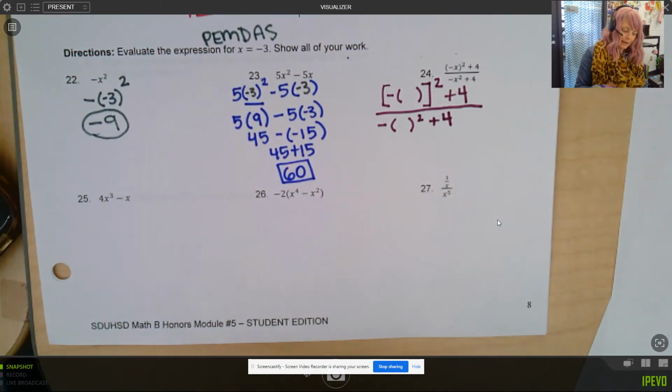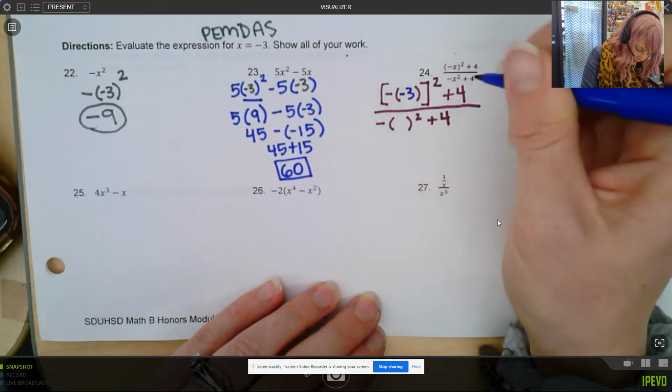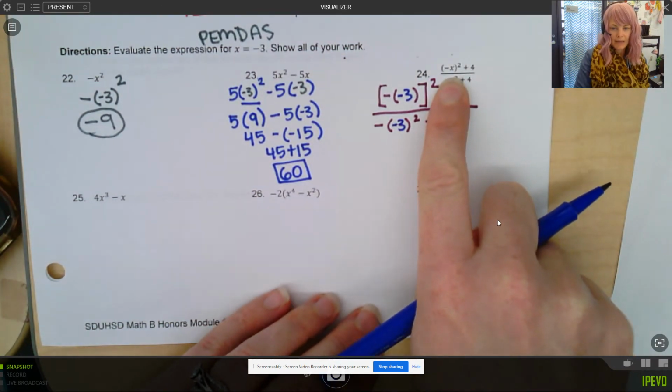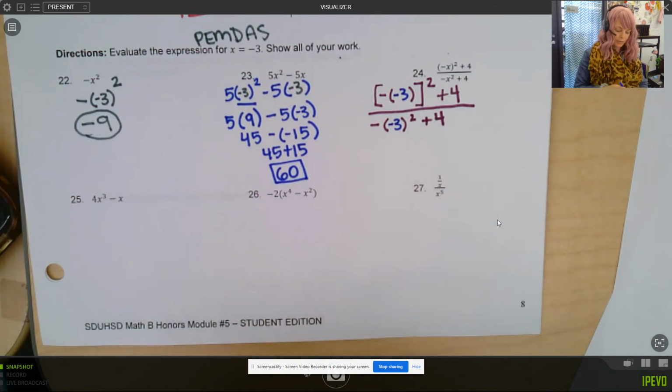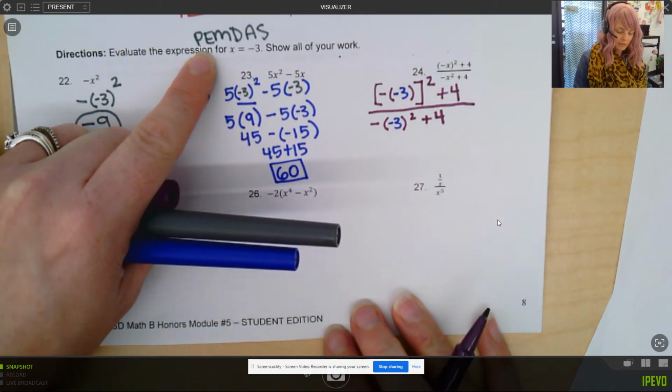And then go back in and put in what your x is, which is negative 3. When you have all these negative x's in here, these parentheses really are super helpful so you don't make a silly mistake. So now remember your order of operations, PEMDAS or GEMDAS.